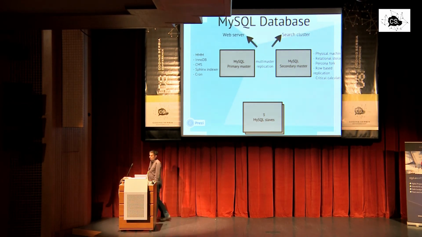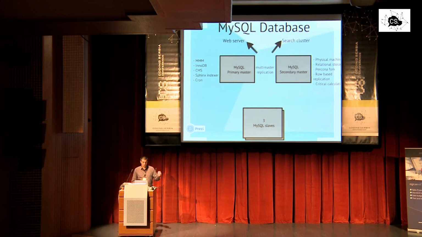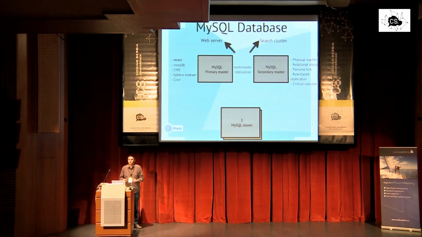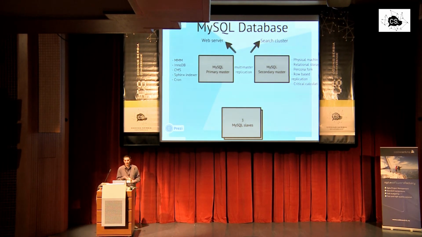And also critical calculations, which are actually financial calculations, are running on MySQL master, because we don't want to have any issues with money transactions. Any replication is not instantaneous. Even in ideal situation, it lags. It lags 100 milliseconds. If it lags 1 millisecond, whatever.